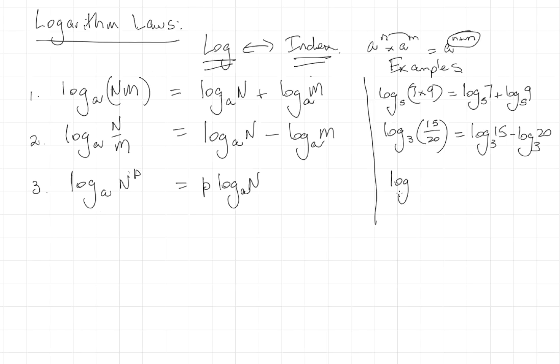So for instance, the log to base 7 of 15 to the power of 3 is equal to that 3 comes out the front, 3 times the log of 15 to base 7.